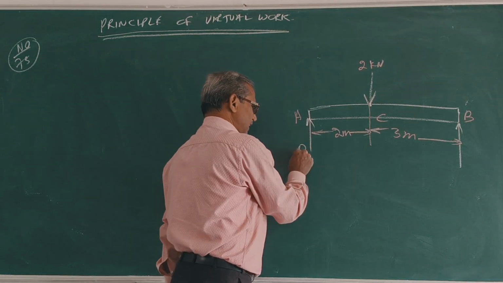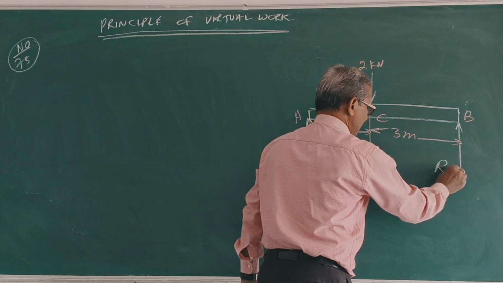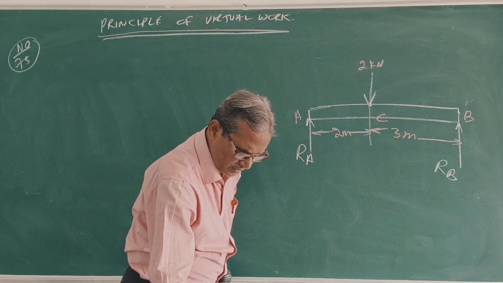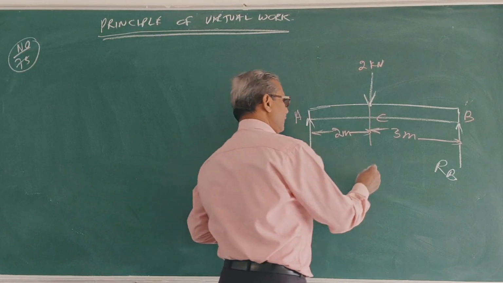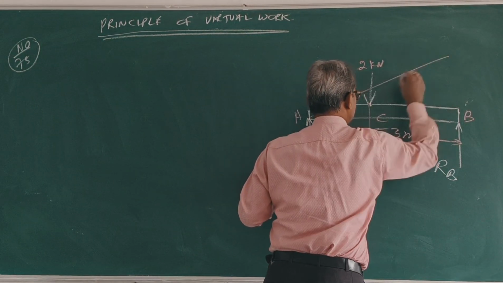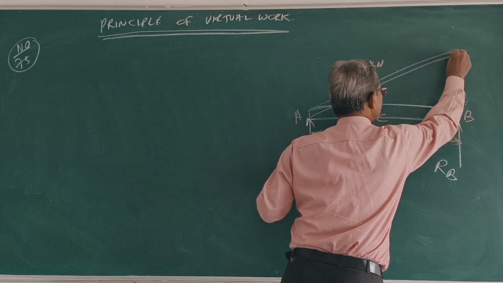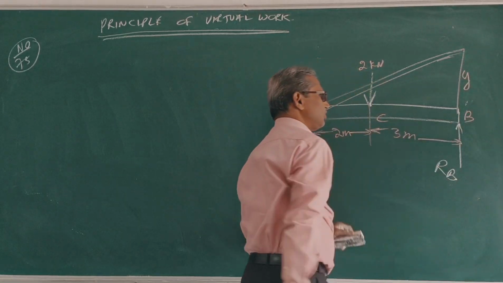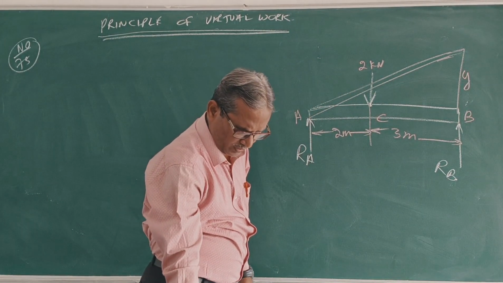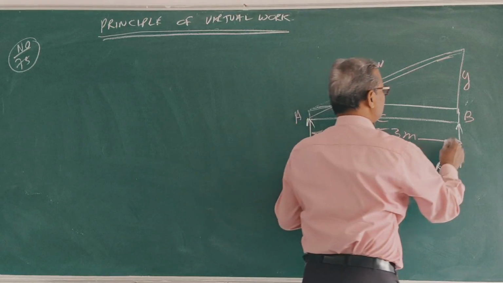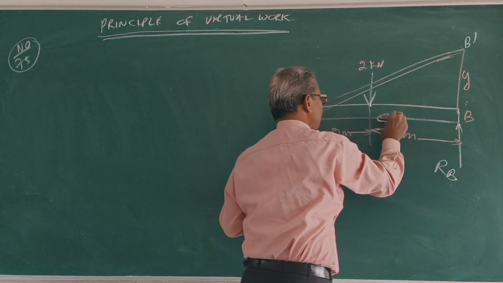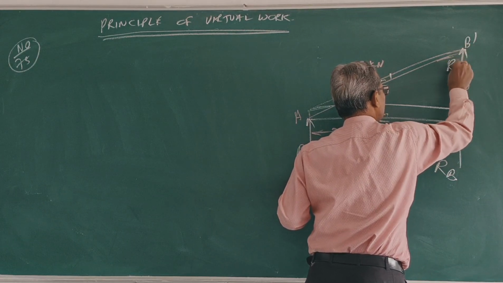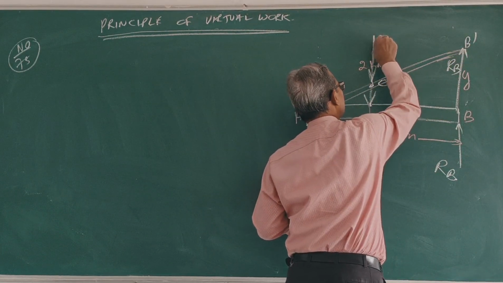This reaction is RA, this reaction is RB. Right? Let the beam be given a small displacement Y up to B dash. So C moves to C dash, RB moves through to B dash, and W comes to C dash.